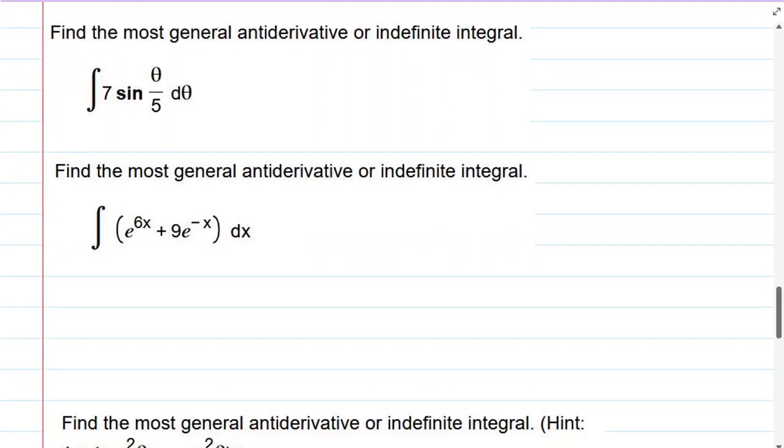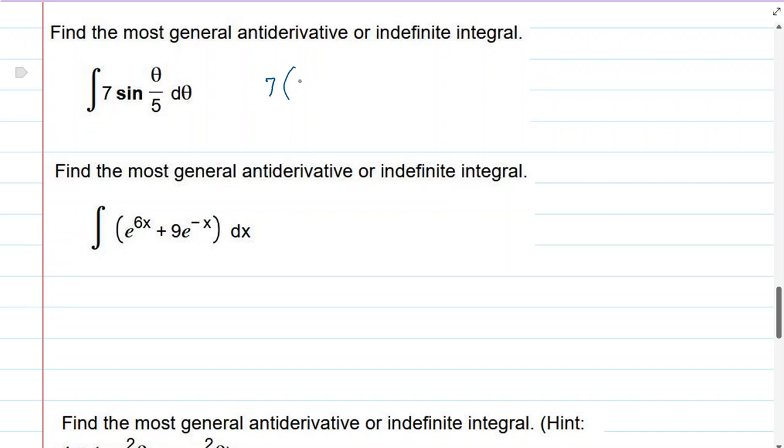Okay, this next one is our first exposure to trig. And of course, we know to end up with a sine, we started with, thank you, 7 is a multiplier.